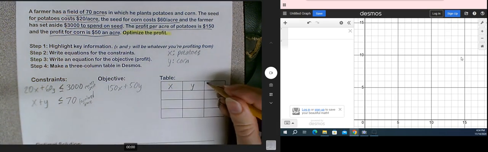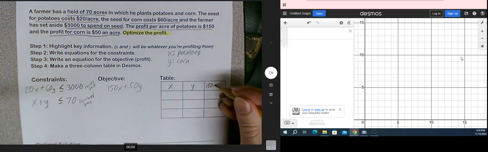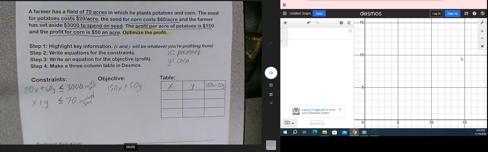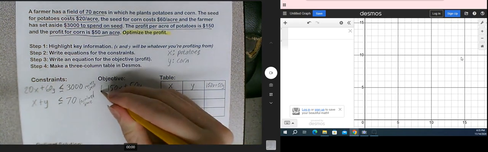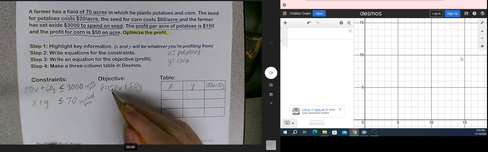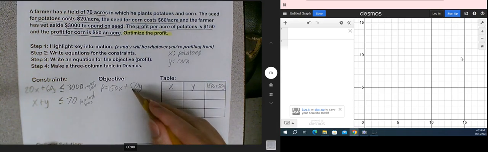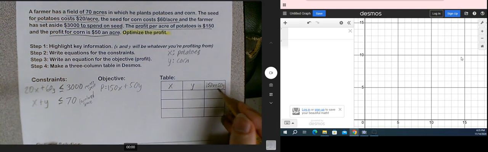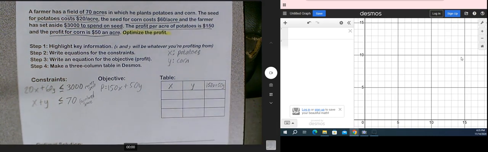And we're going to put our objective over here. Now, if it helps you to see what the objective is, you can put P equals beforehand to show that this is equal to the total profit. You get $150 for every acre of potatoes plus $50 for every acre of corn. That's your total profit. But don't put P equals in the third column, otherwise Desmos will break.